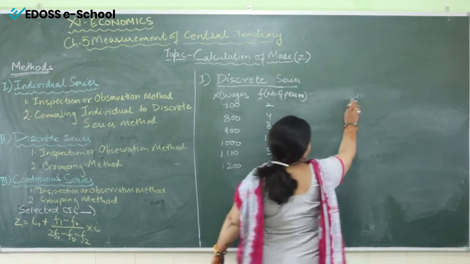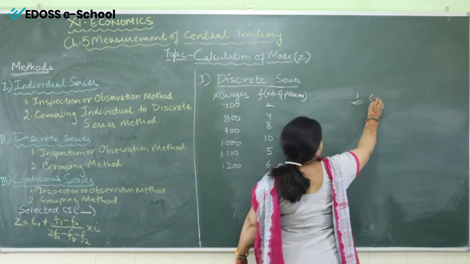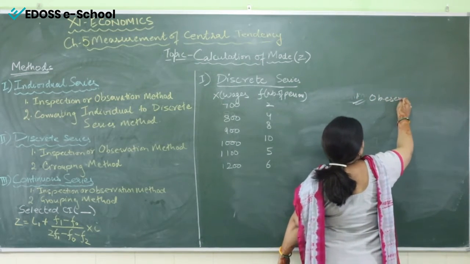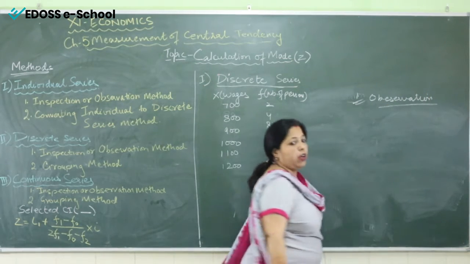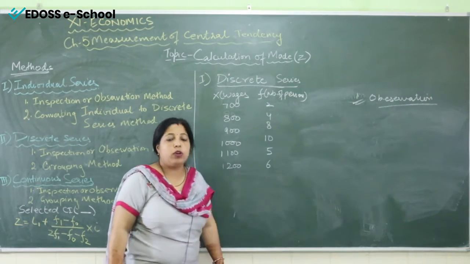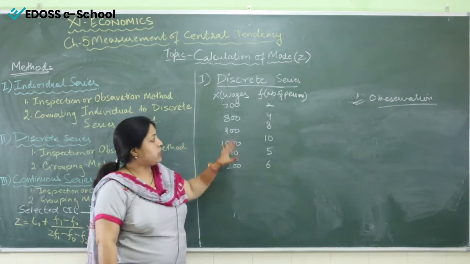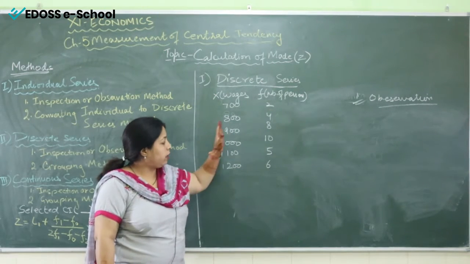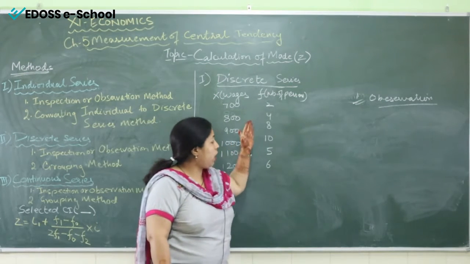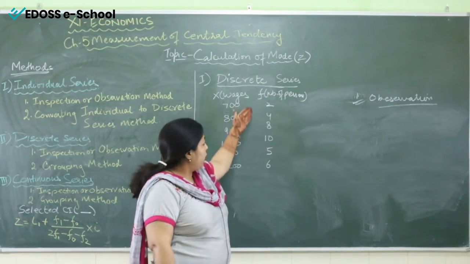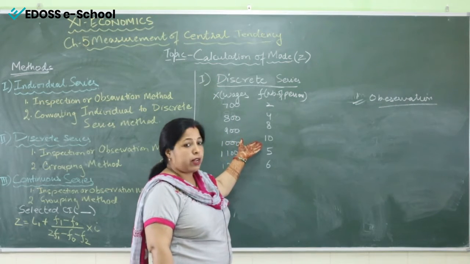Coming on to the first method, that is the observation method. Under observation method, what do we do? We only observe. We have the series here, X data and the F data. Now we are going to check in the F data which is the highest number here. In this data, the highest number is 10.